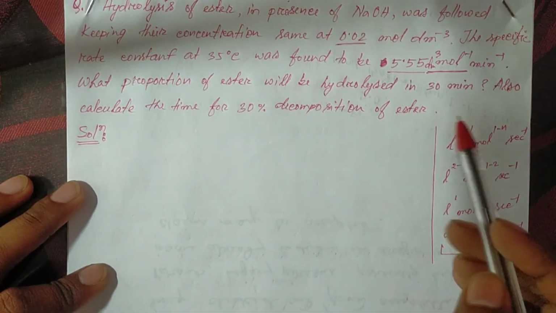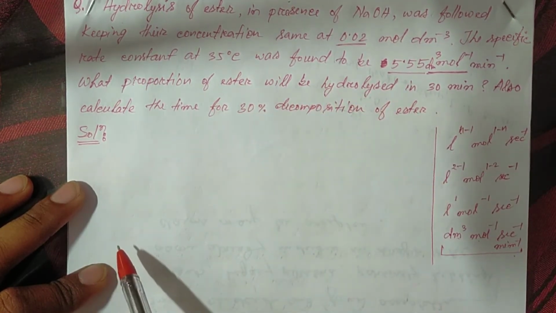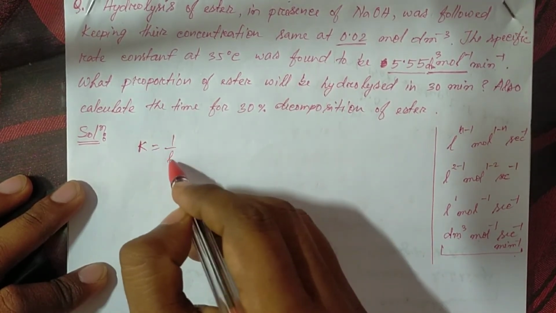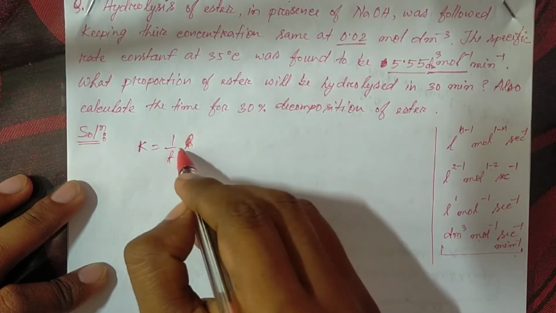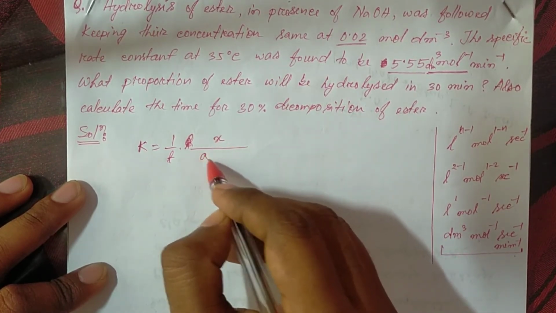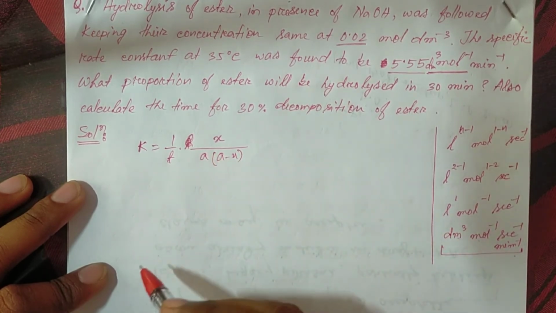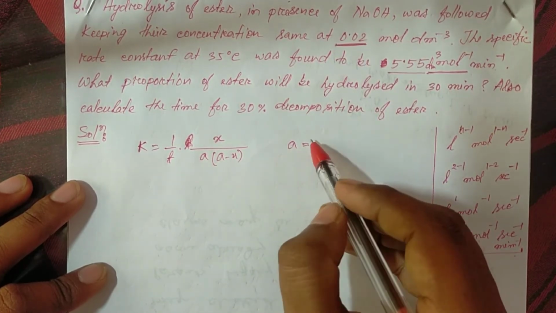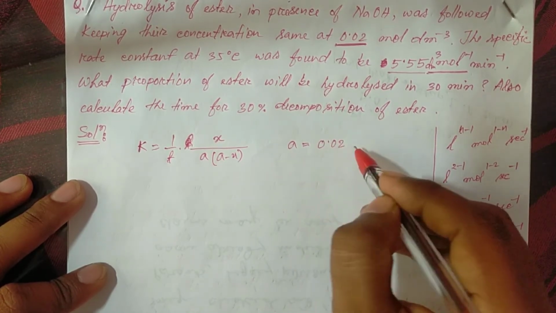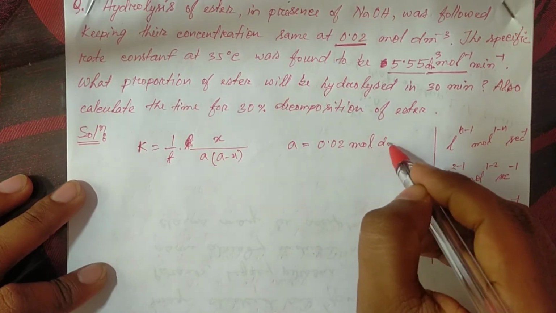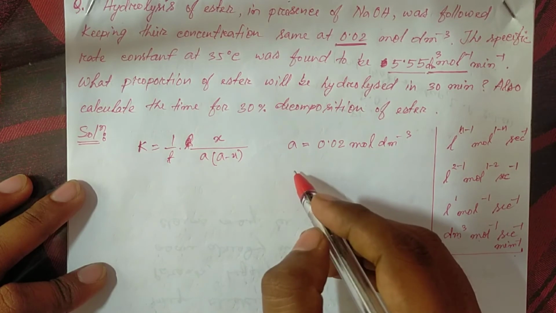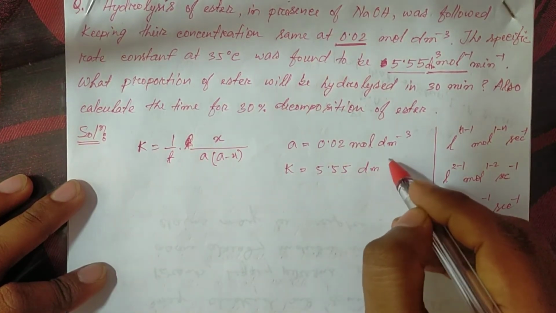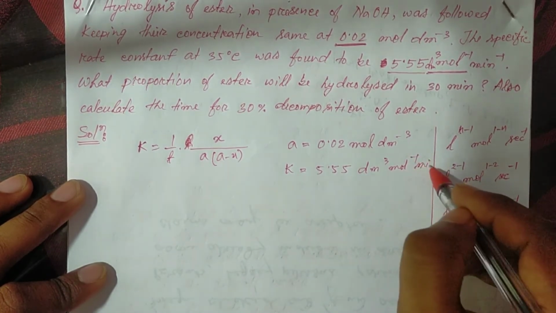next, to calculate what proportion of ester will be hydrolyzed in 30 minutes, first of all we have to write K is equal to the general equation 1 by T, X by A into A minus X. Okay, so here they have mentioned that A, that means the initial concentration, is 0.02 mole dm cube inverse, and rate constant K is equal to 5.55 dm cube mole inverse minute inverse.